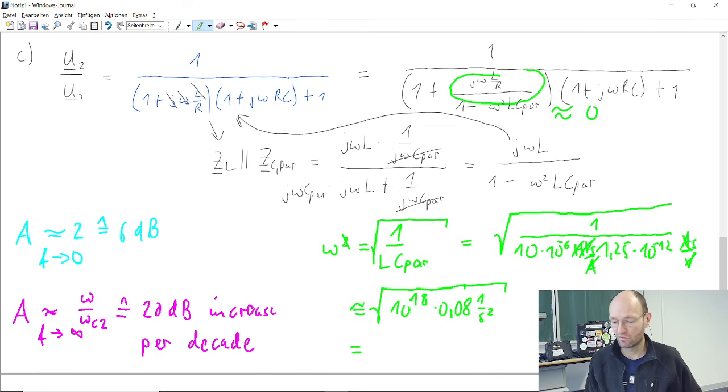Maybe I should better write some approximate value here. Do you have something calculated? Yes, 2.8 times 10 to the power of 8. This is still angular frequency, right? Yes, 1 over second.